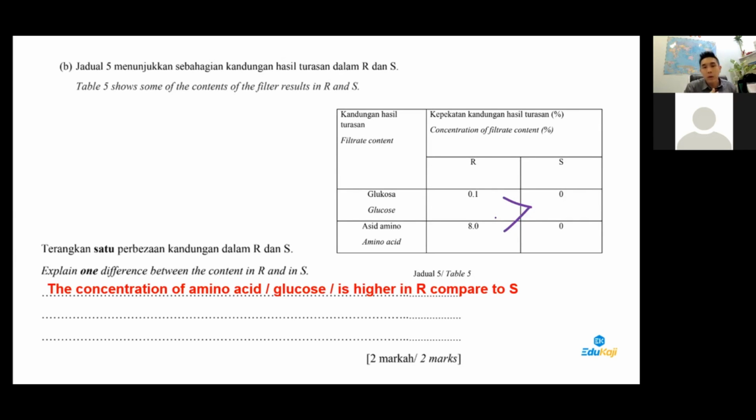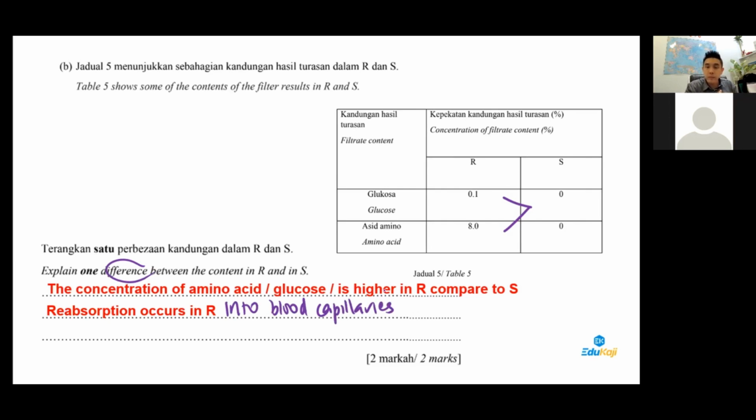Yes, because they say there's a difference, but they didn't say what. This is simply because reabsorption occurred in R, better for you to state from the tubule into the blood capillaries.